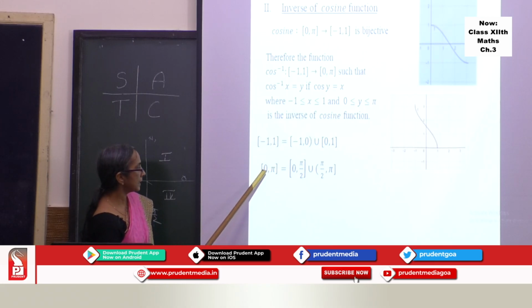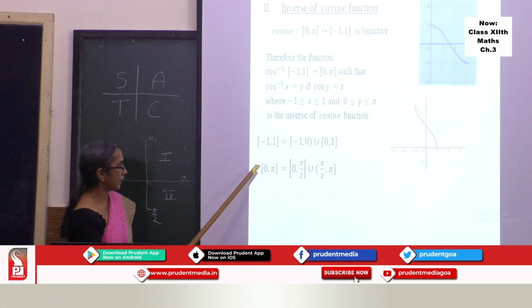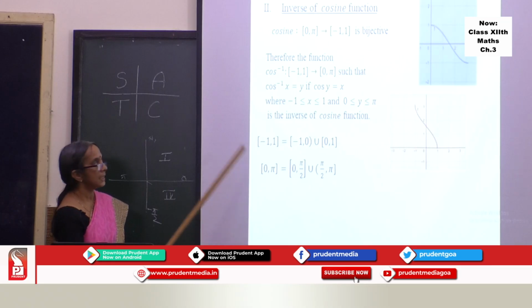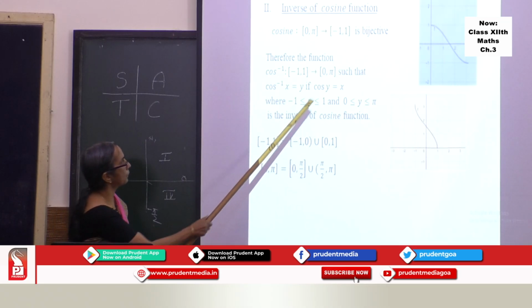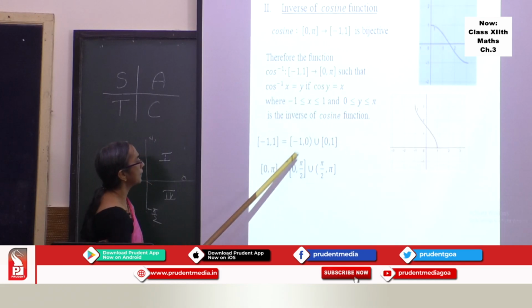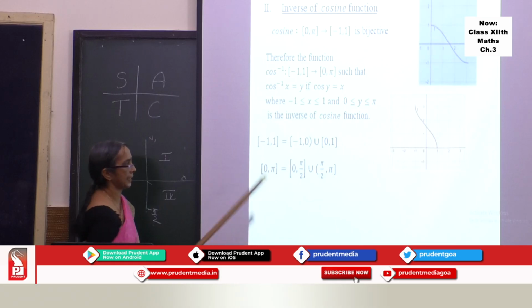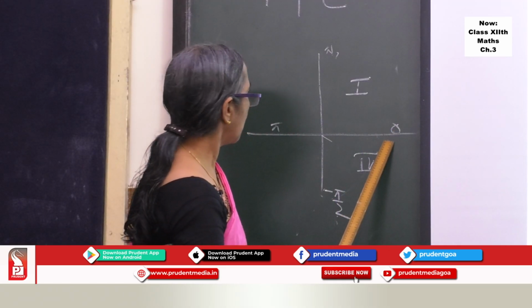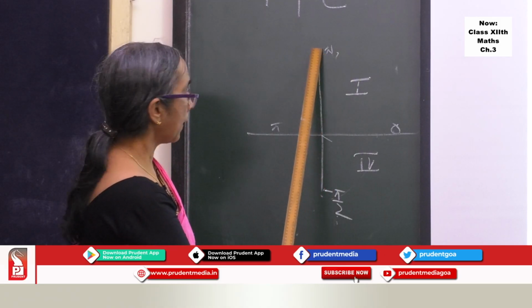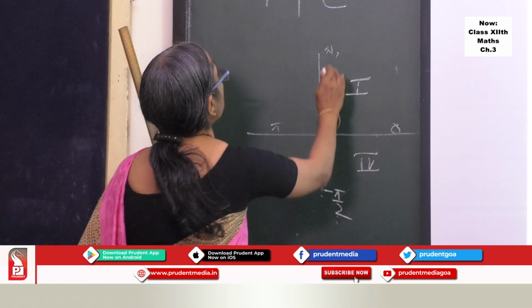But here it is not like the sine function: the range of the function, since it is bijective I can call it range, is different. We break it like this, 0 to pi by 2, pi by 2 to pi.